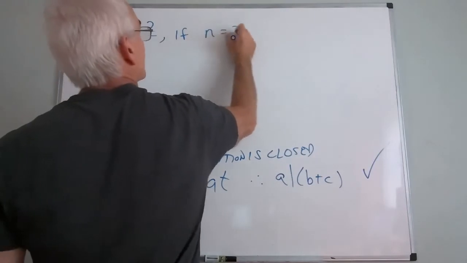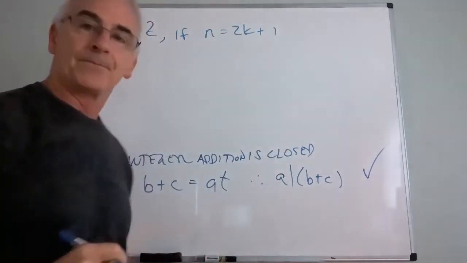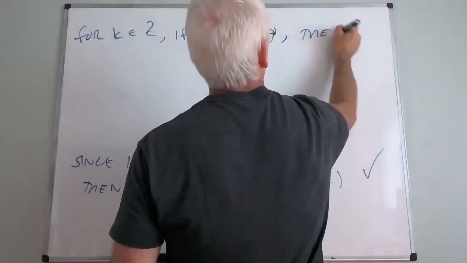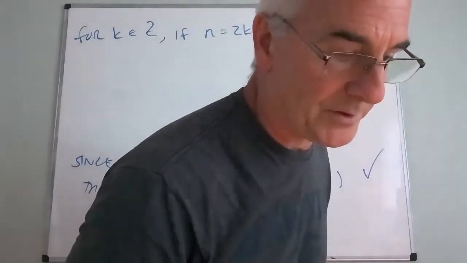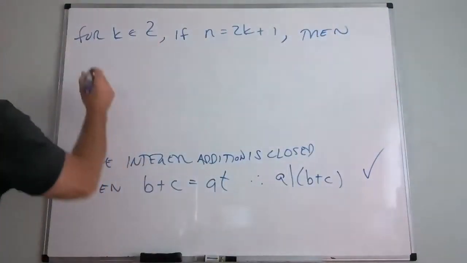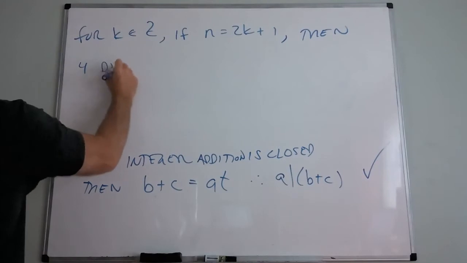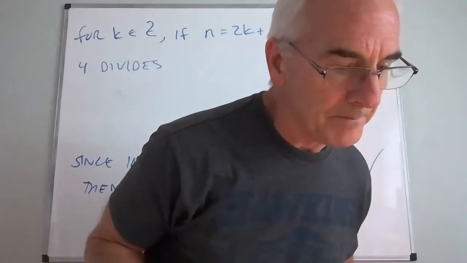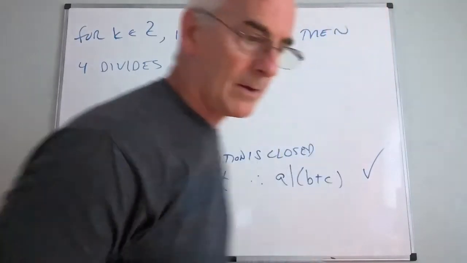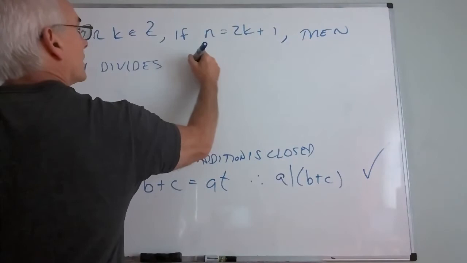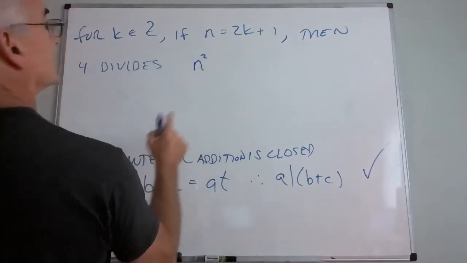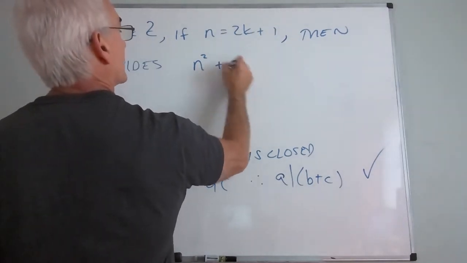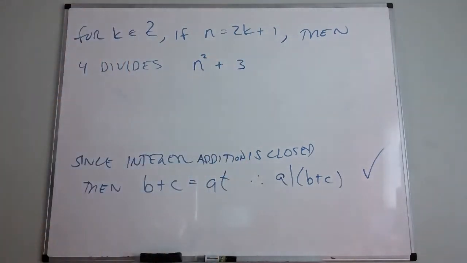If n equals 2k plus 1, that would mean n is odd. Then, let's see, which one do I want to do? Then 4 divides, let's see, make sure I got this right, that n divides 4n squared plus 3.